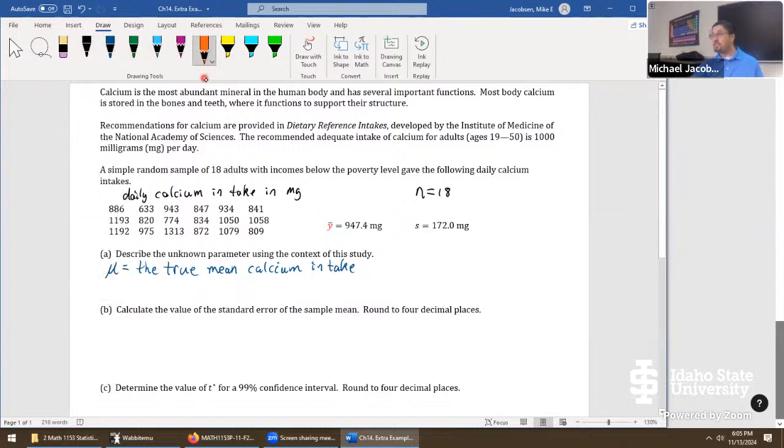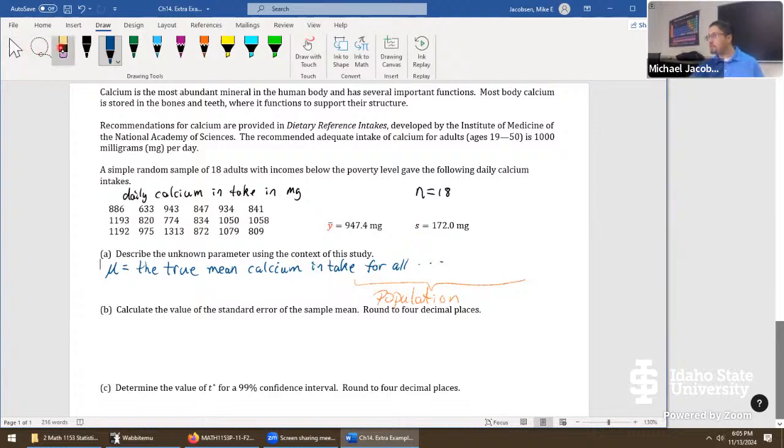But we do have to say one additional thing. We have to mention the population next. So we'll say mu is the true mean calcium intake for all, and then something has to go here. Any volunteers for mentioning what the for all is going to be? Absolutely.